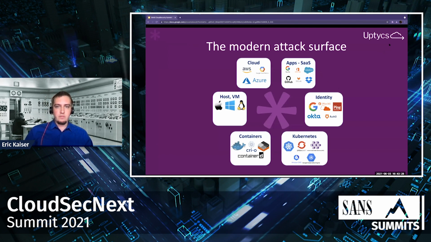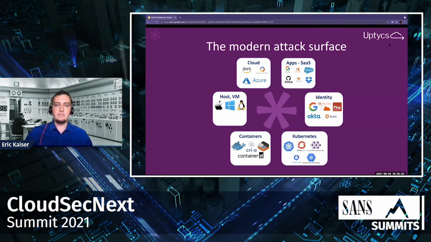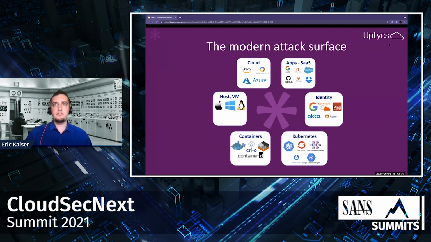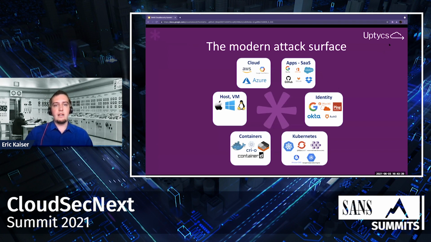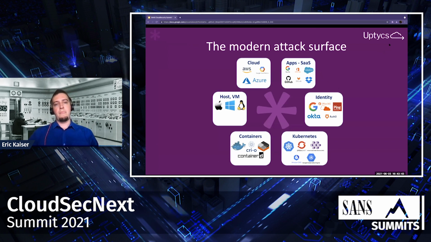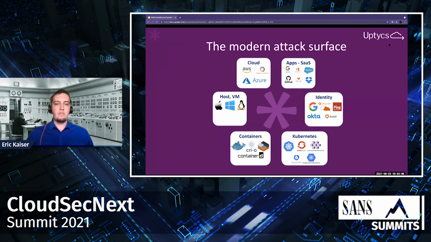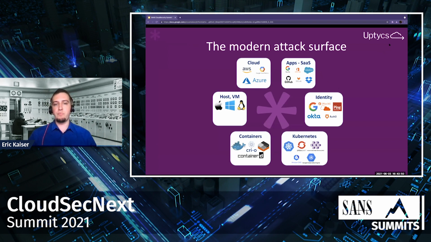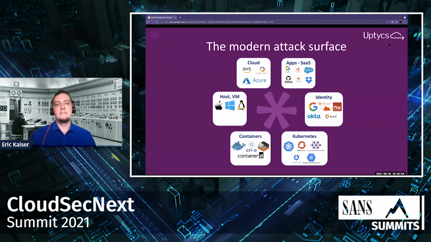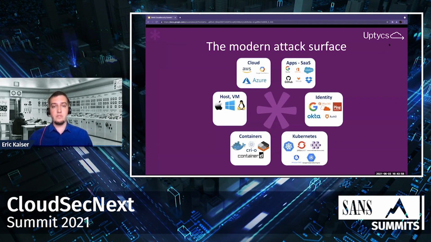So let's talk about the modern attack surface, because there's even more to that than just the cloud, right? You have your traditional infrastructure, workloads that might be dynamic or ephemeral, endpoints, containers, whether that's Kubernetes directly, OpenShift, CRI-O, GKE in the cloud, cloud workloads themselves, AWS, Azure, all of the services that you're running.